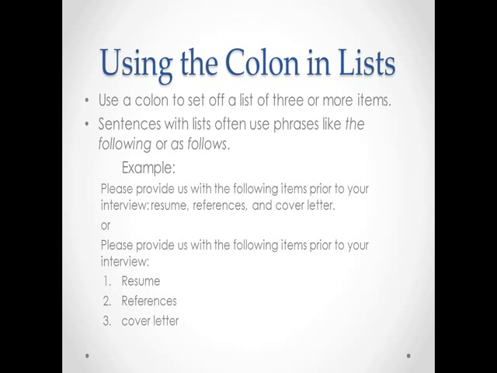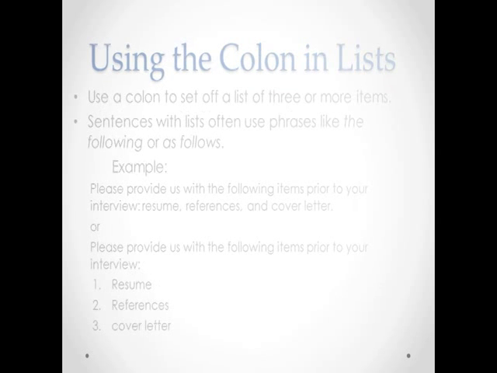So please provide us with the following items prior to your interview: resume, references, and cover letter. And again, you see the commas there in the list. And then you also have another option. You can put the colon and then you can list your items either with bullets or with numbers. Now, you don't have to put periods after those items, but it's okay if you do.